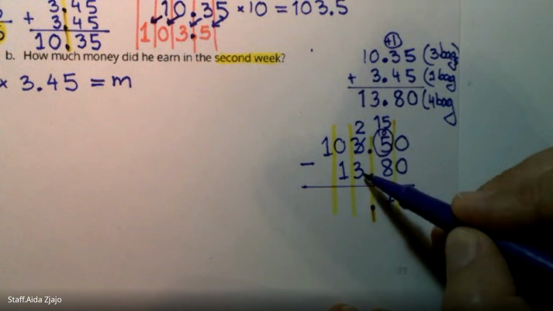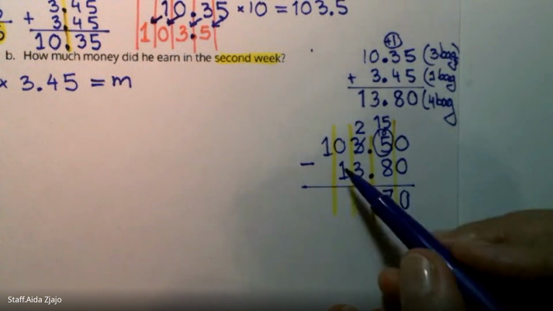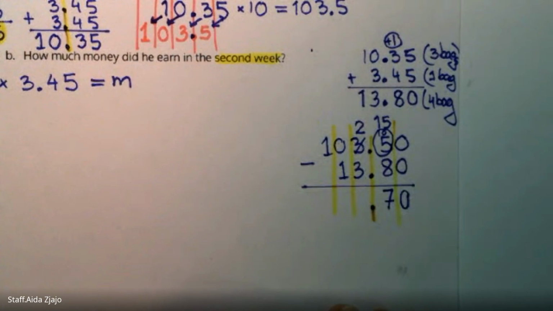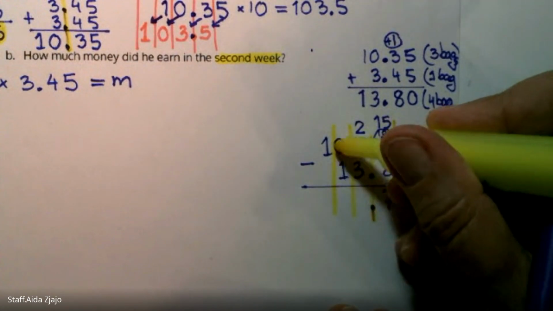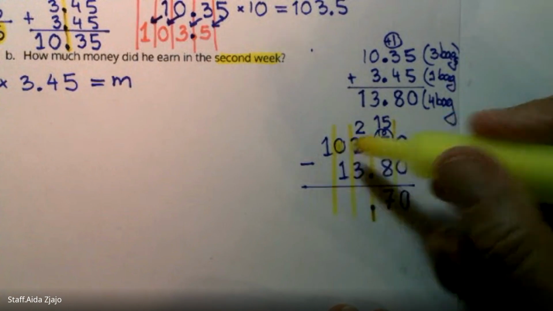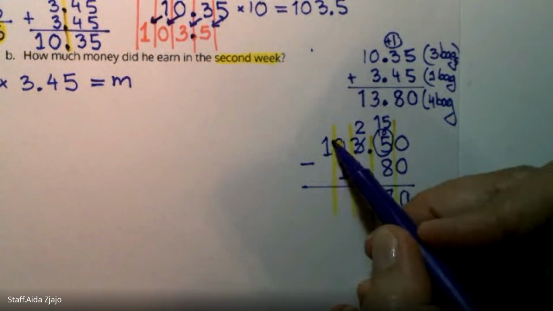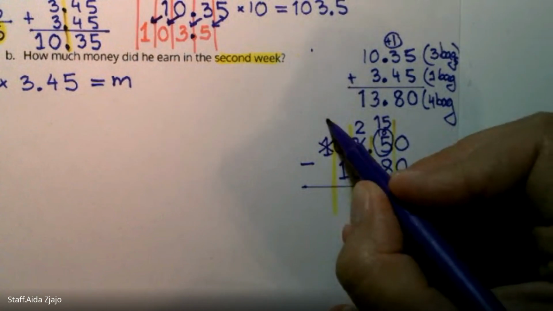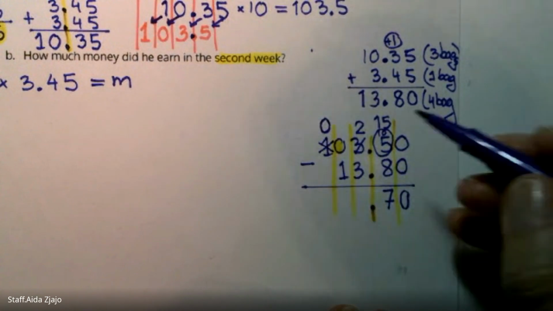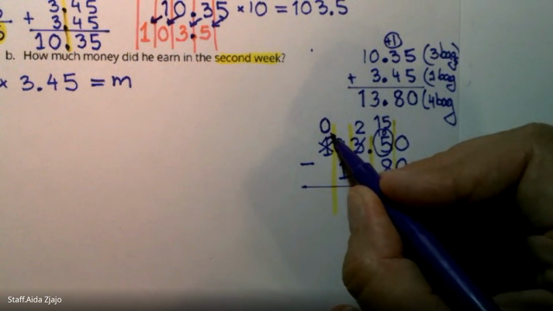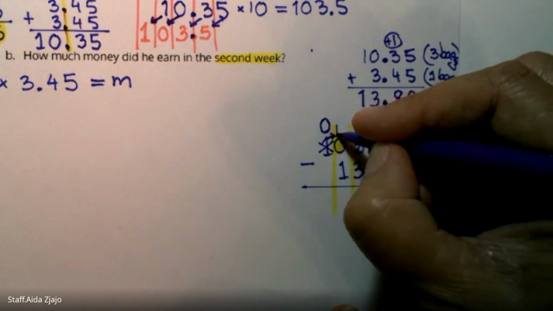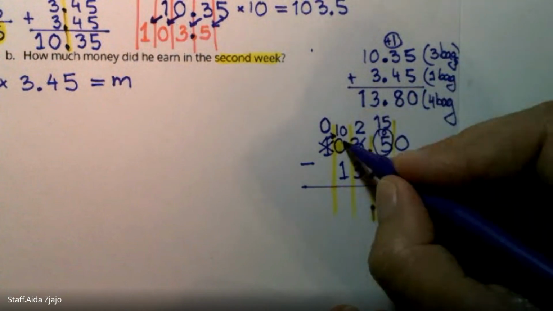Okay, now 2 minus 3 also doesn't work, but I cannot borrow from the tens because there are 0 tens. So I have to go and regroup 100. So we'll have 0 hundreds, and then 100 will give me 10 tens.